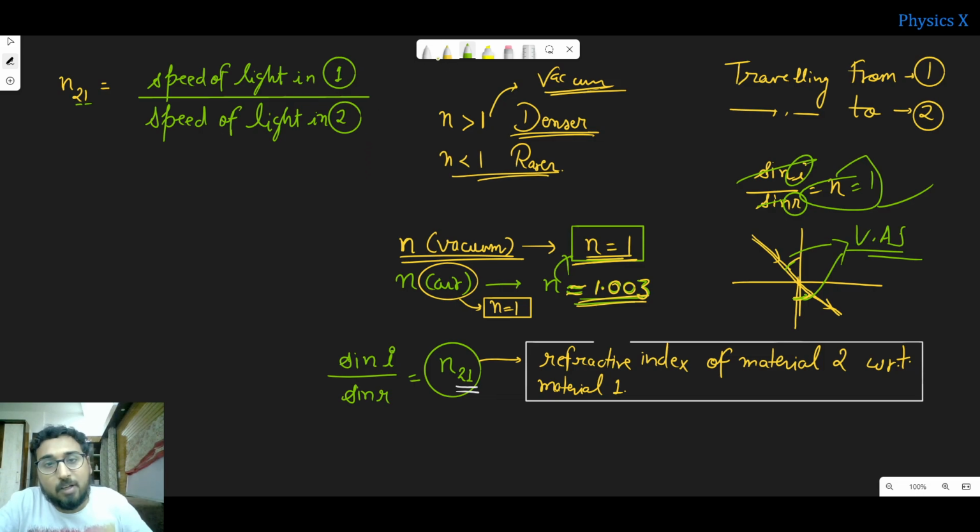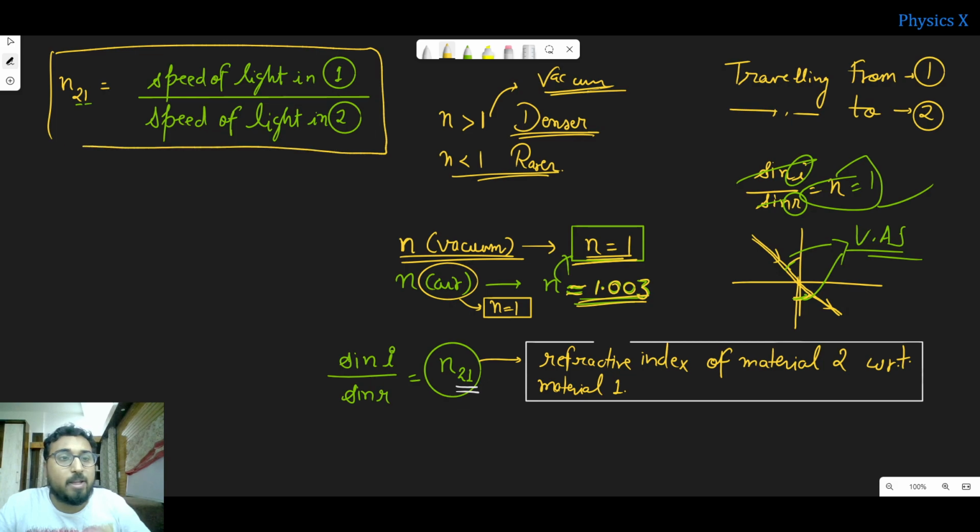This is another numerical formula for refractive index. So refractive index depends on the speed of light. As I was telling you earlier, if the speed of light is more, it is a rarer medium. If the speed of light is less, it is a denser medium.